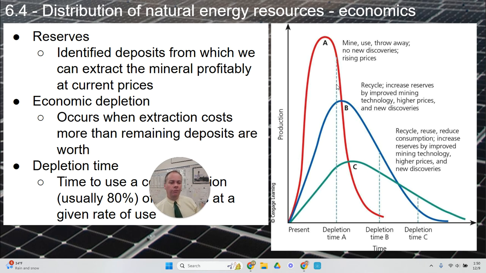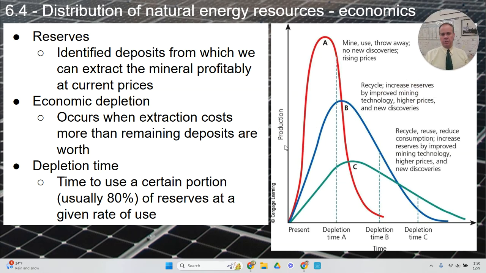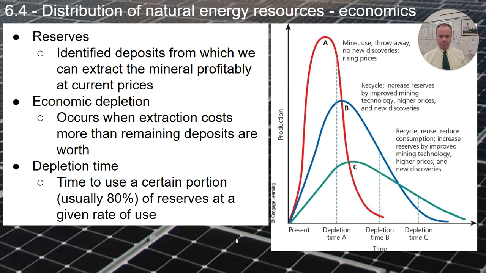We start to improve technology. Prices increase for this resource. And then finally, once we get to C, this is when the material is being utilized at a rate where it's being depleted. And so prices rise. We continue looking for more sources of this material. We're more focused on preserving it by reducing and recycling and reusing that material. This is the typical pattern that we find in terms of resource use.